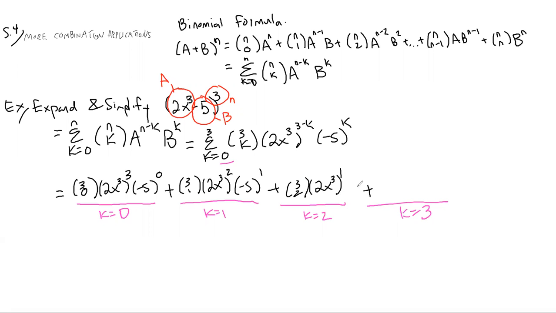So that power goes down by 1, the other power goes up by 1. And then I'll have 3 choose 3. The 2x cubed power goes down by 1 to 0, and the minus 5 power goes up by 1 to 3.